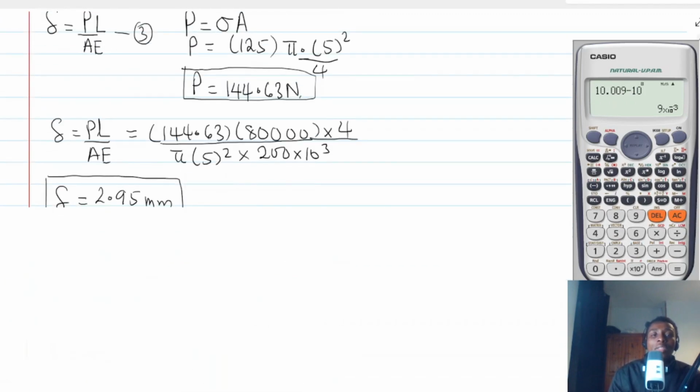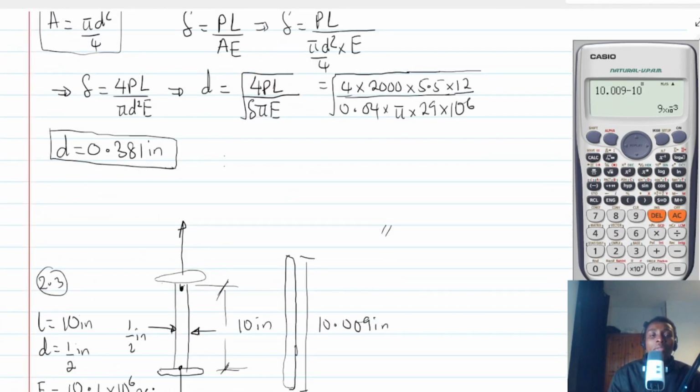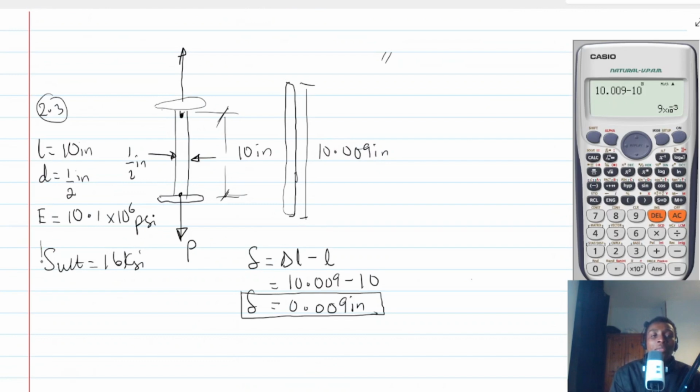So to find the stress in the rod, what do we have? Let's put this one aside because it will not come in the calculation, but we know L. Let's calculate the area from the diameter.